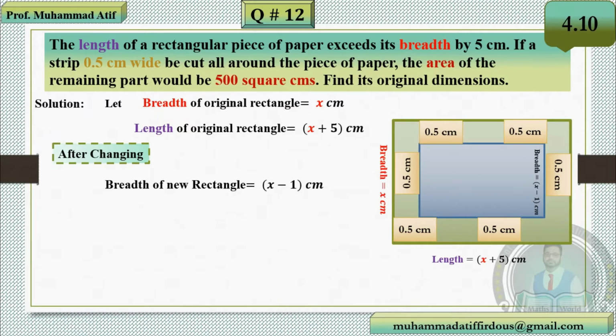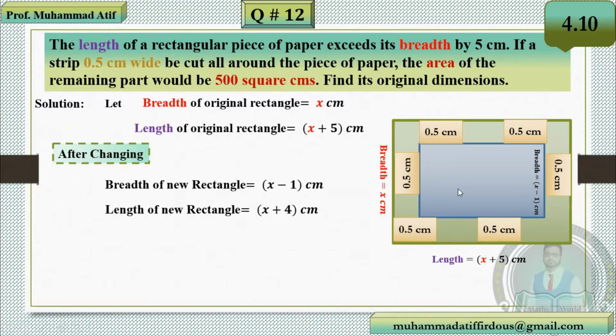So the breadth of the new rectangle will be x minus 1 centimeter. Got it? Then what will be the length of the new rectangle? Any answer? Yes, this must be equal to x plus 4. It means you take your previous length x plus 5 and subtract 1, so we have x plus 4 centimeters.